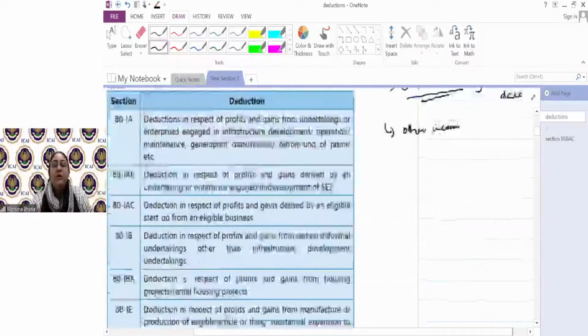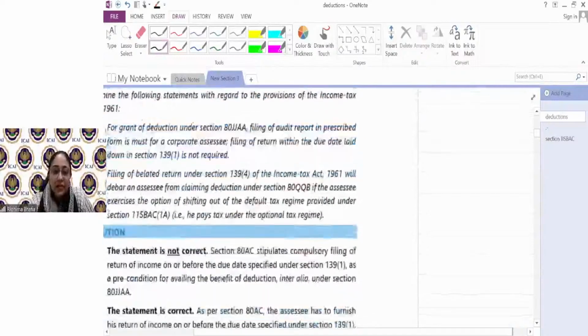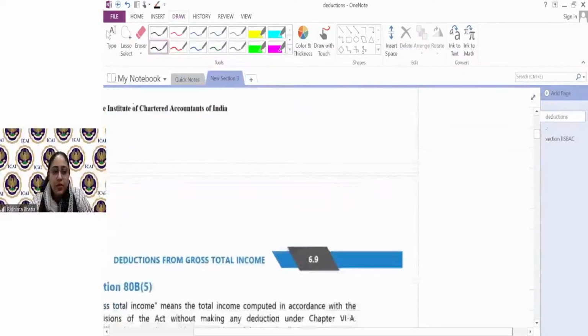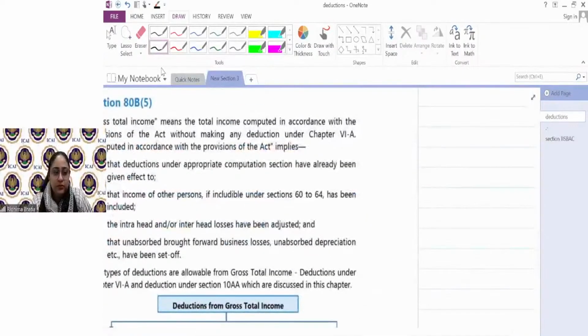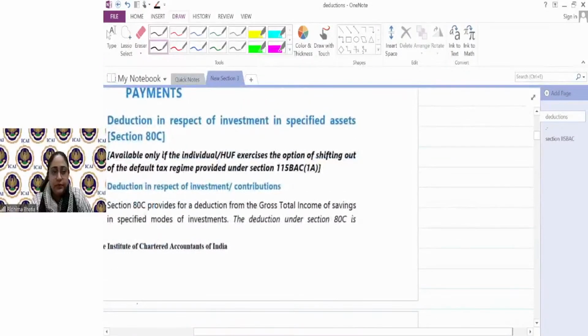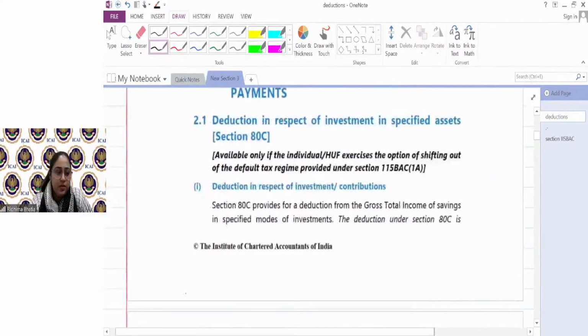Before we start with the first deduction, does anyone have any doubts? Okay, let's see what the doubts are.